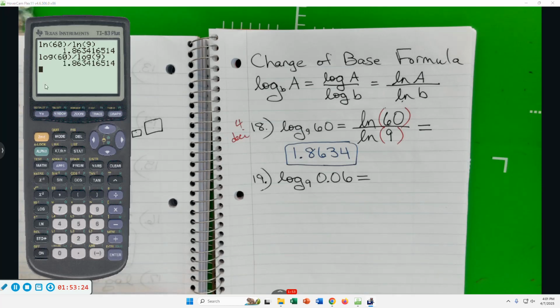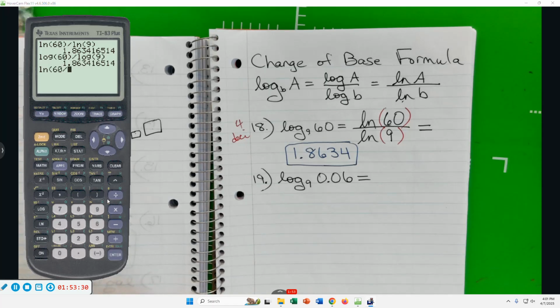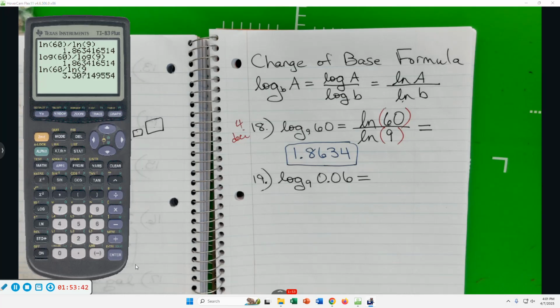Sure enough, 1.8634, and that was for number 18. I don't want y'all to think I'm lying when I say you got to close the parentheses. I typed in ln 60 divided by ln 9 and never closed the parentheses. Are we going to get the same answer? No. Not close. So clean off that calculator screen.